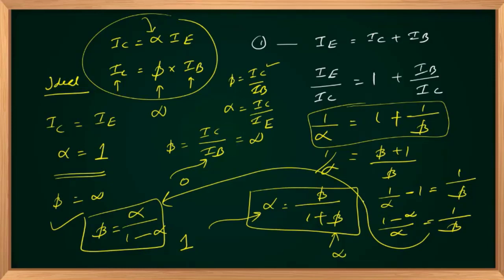So as alpha tends to 1, the denominator 1 minus alpha will be 0, and beta tends towards infinity. So these two are the relations. The general value of alpha is always less than 1, and beta is always very much greater than 1. Ideal behavior: zero base current, same collector and emitter currents, alpha equal to 1, and beta is infinite. So ideal behavior you should also keep in your mind.